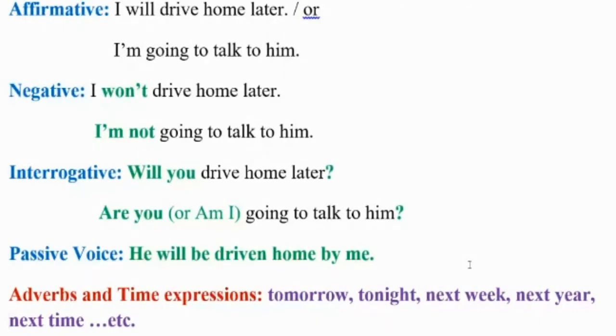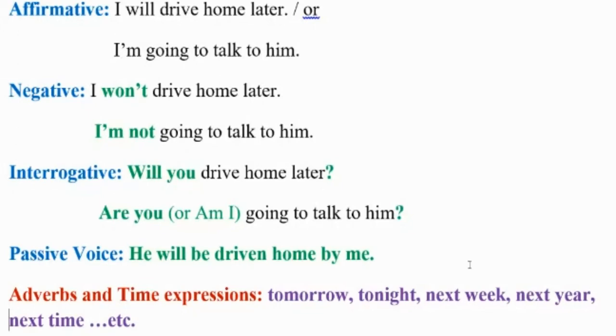In the passive form, we use will and then verb to be. We must add will. If you remember the rule of passive voice, we have the subject, which was the object of the active voice sentence, becoming the subject now, and then verb to be, and then the past participle of the verb.